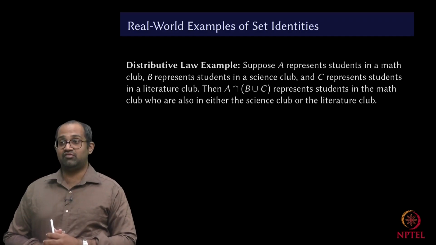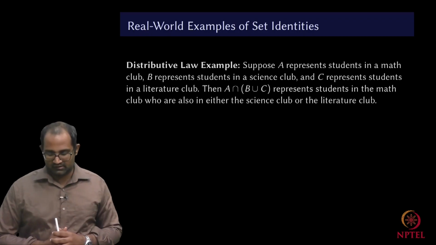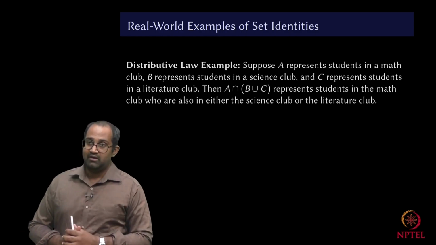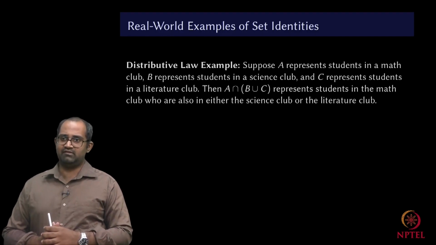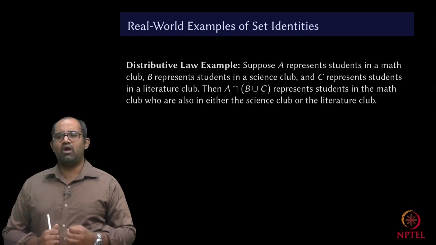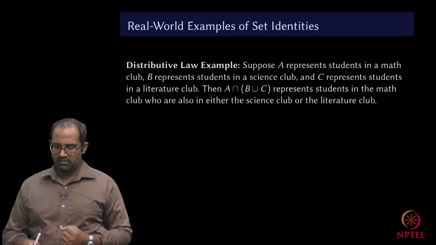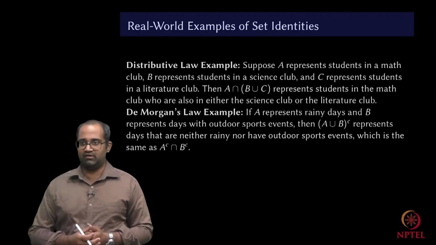Suppose A represents students in a math club, B represents students in a science club and C represents students in a literature club, then A intersection (B union C) represents students in the math club who are also there in either the science club or the literature club. And here is an example of De Morgan's laws.